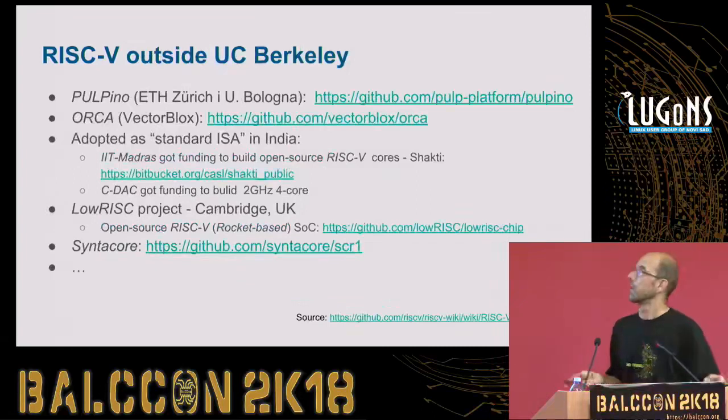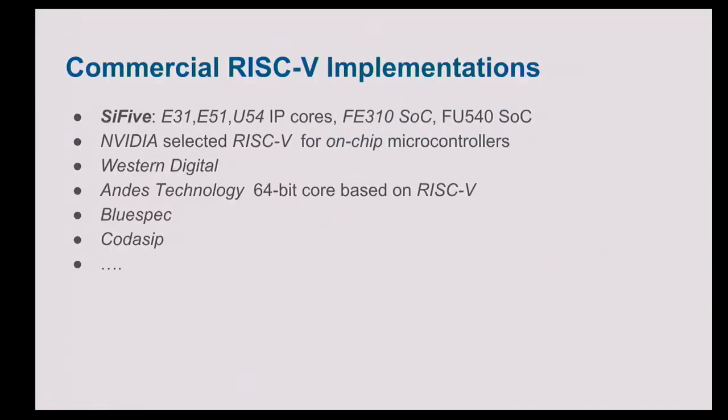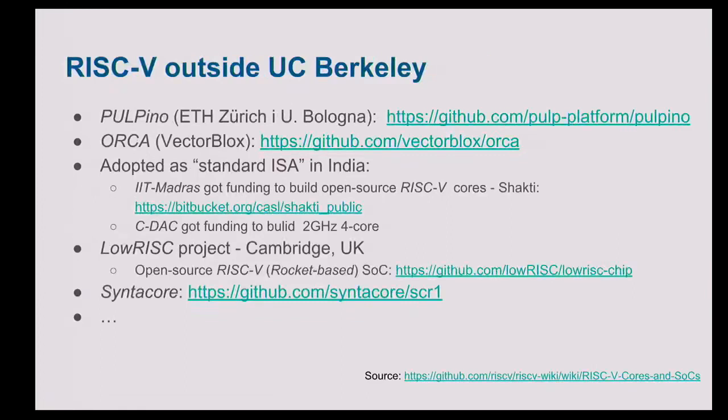Of course, there are many cores designed outside of Berkeley. These are just some of them; ETH Zurich and the University of Bologna designed their own. RISC-V is accepted as a standard ISA in India.